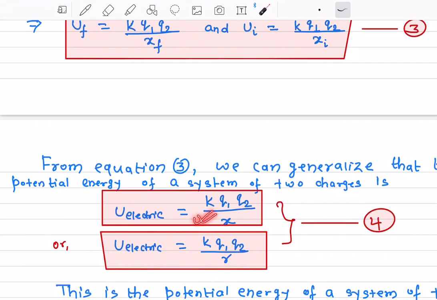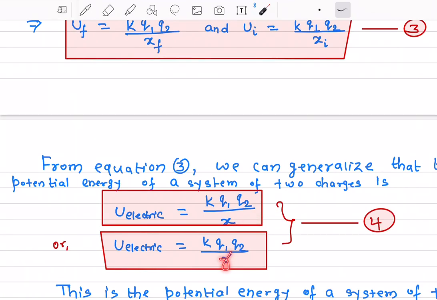What does that mean? It means at any position, the potential energy can be given by this formula: K Q1 Q2 over x, where x is the location. It can be any location. x is a variable, or sometimes we also represent it by r. It's the same thing.